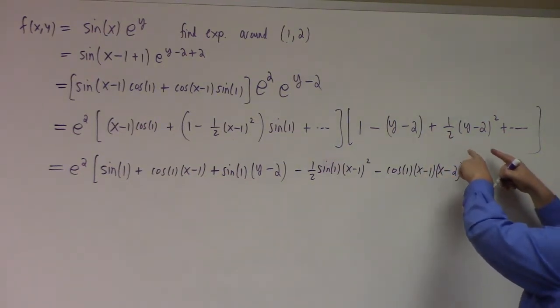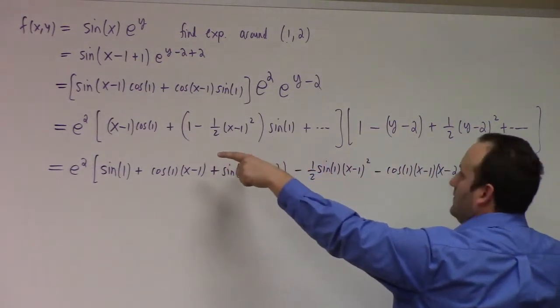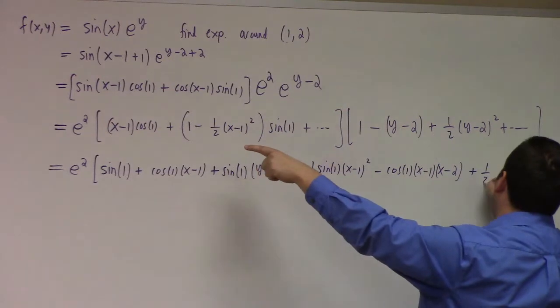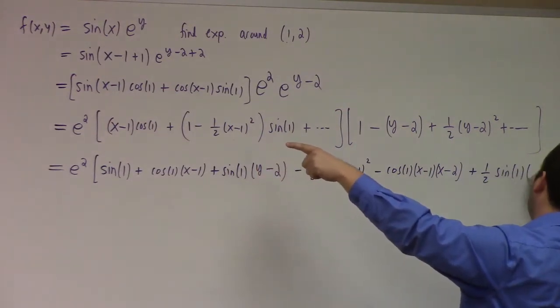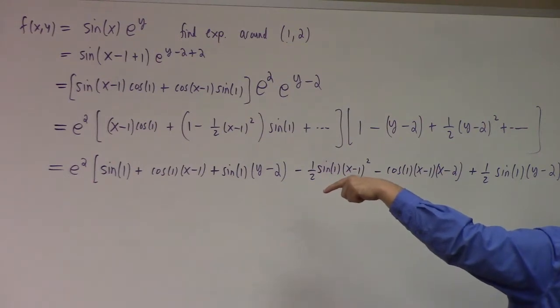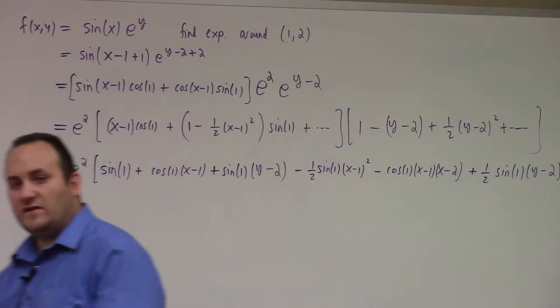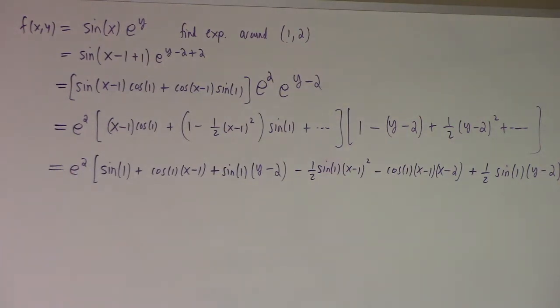It's just from this one times this, which gives me plus 1/2 sine of 1 times y minus 2 quantity squared, plus dot dot dot. No differentiation, just algebra and trigonometry. Oh, and power series. A little differentiation there, I suppose.